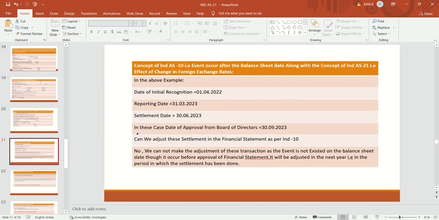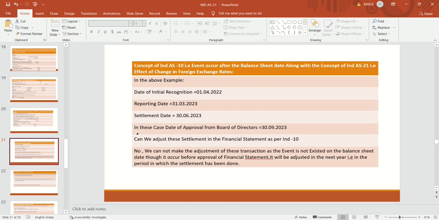In the above example, we will merge it with Ind AS 10, and consider whether we will take that exchange rate into account. Suppose the date of initial recognition is 1st April 2022, the reporting date is 31st March 2023, the settlement date is 30th June, on which the liability is paid off, and the board approves the financial statements on 30th September 2023.